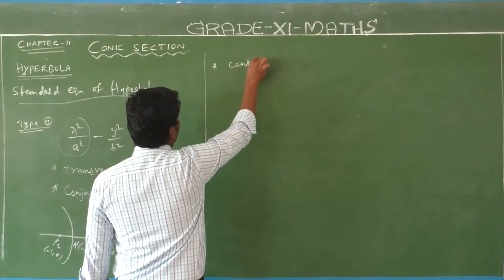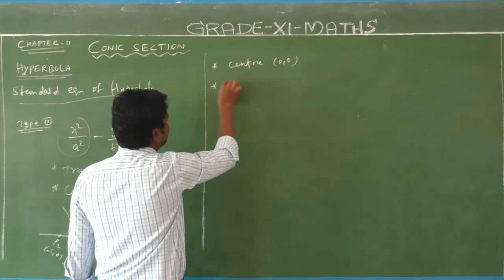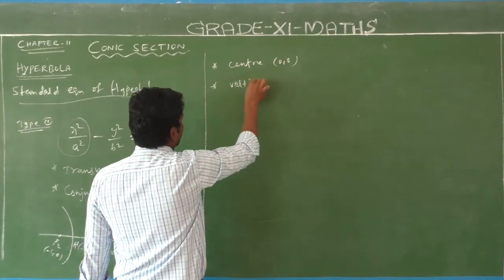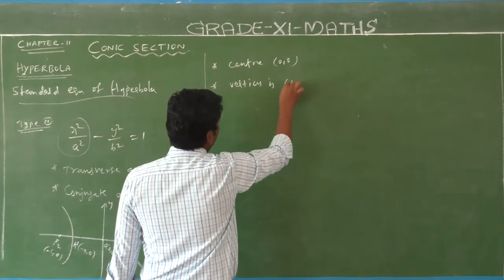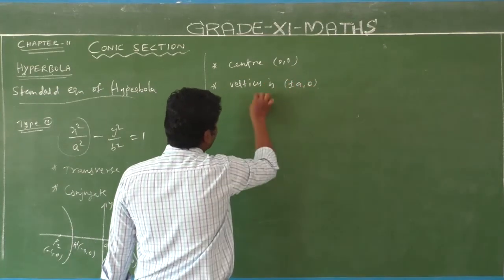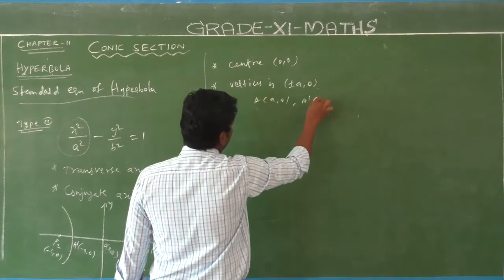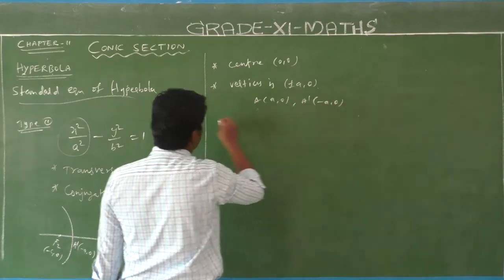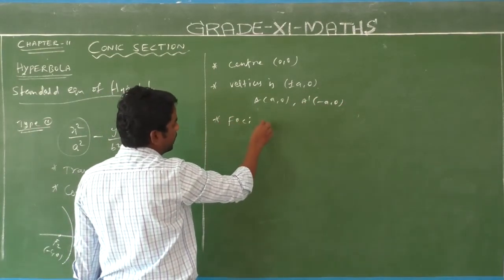The center of the hyperbola is 0, 0, and the vertices A and A dash are plus or minus a, 0. Here A is a, 0, and A dash is minus a, 0. And the foci are two fixed points, F1 and F2.